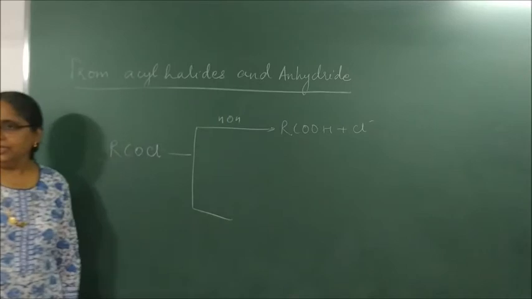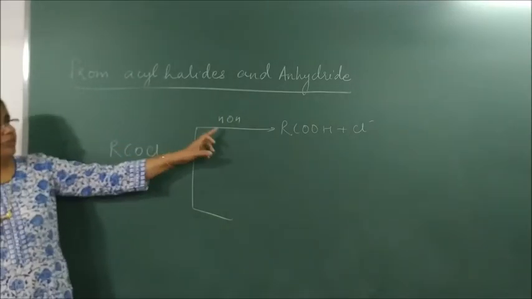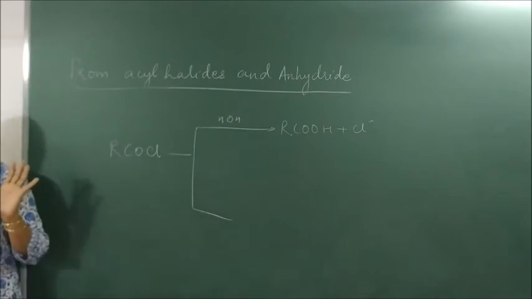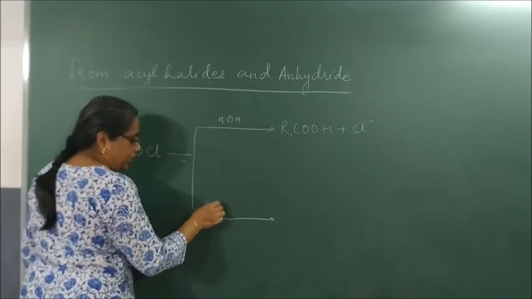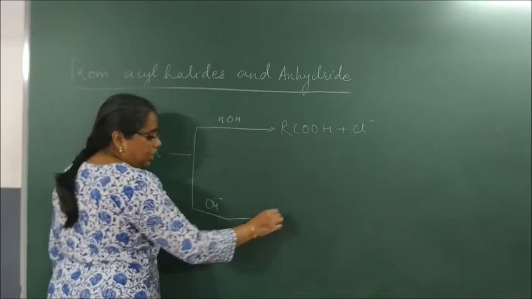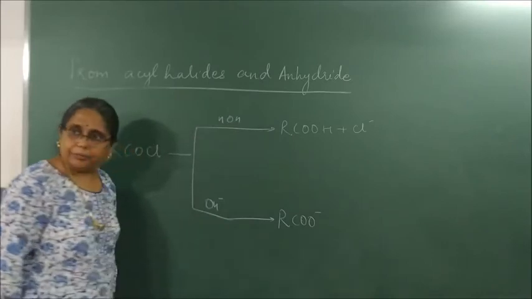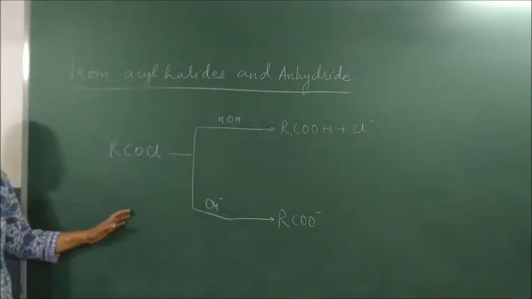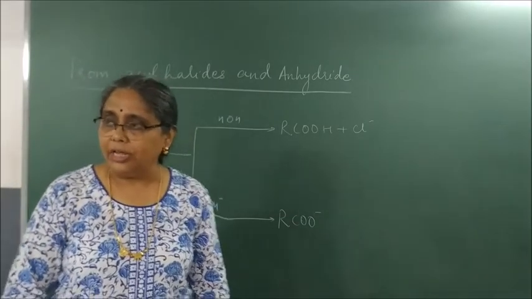I am not writing it as HCl. It will be HCl, but first thing is it forms acid and halogen is removed. Next thing, when I do it in presence of OH minus, I first get what? Carboxylate ion.